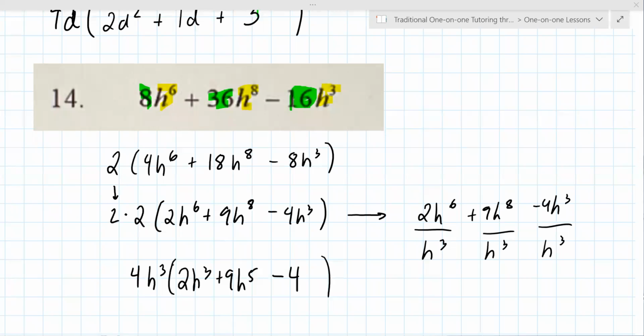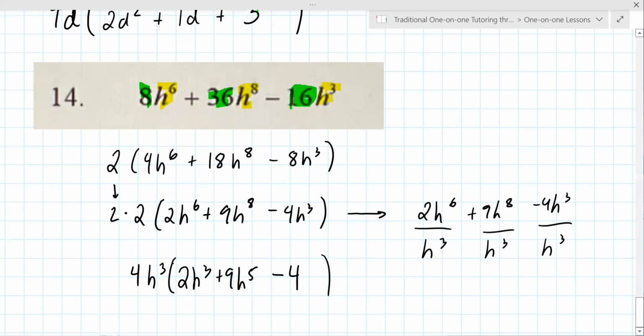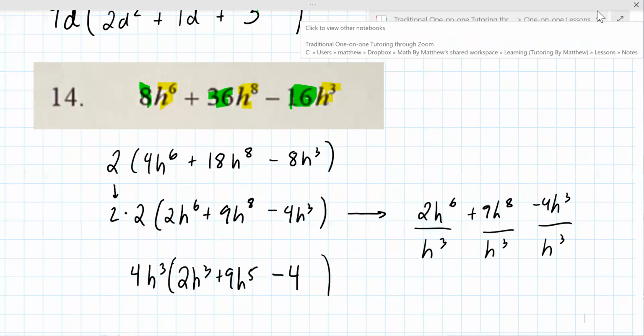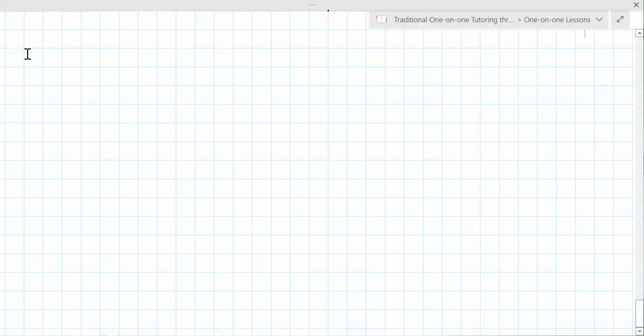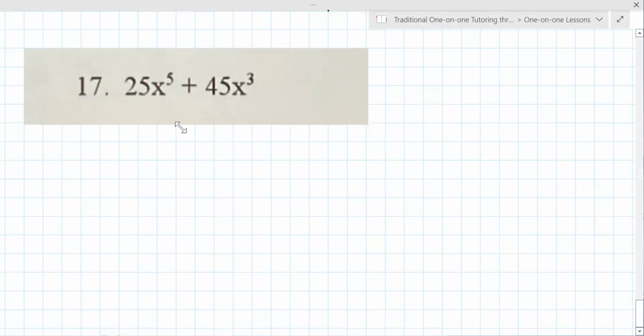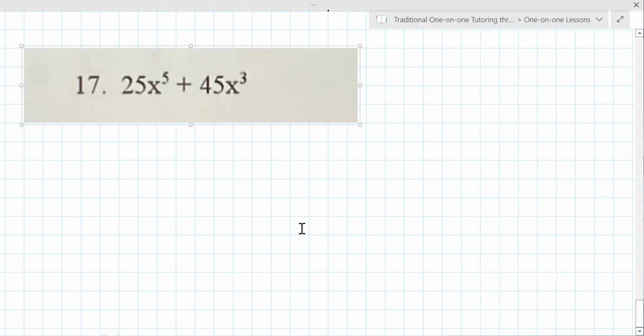Let me have you try 17. Let me know when you get all this down so we can move on to that. Okay, I got it. Okay. So 17, it's actually much similar to some of the earlier ones we're doing. Just let you jump in here, try one.